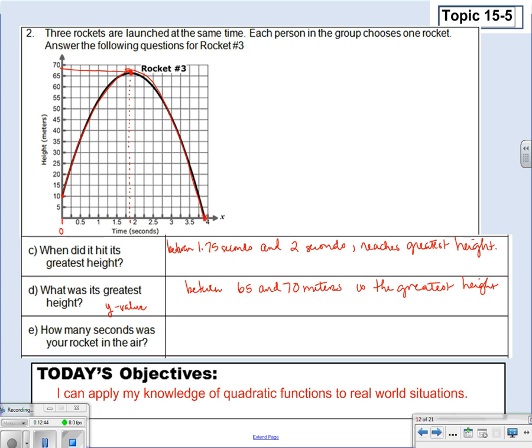So it is in the air a total of somewhere between 3.75 and 4 seconds. I don't know exactly, but I do know it is between 3.75 and 4 seconds. So if this was multiple choice, the correct answer would have to be between those two numbers.